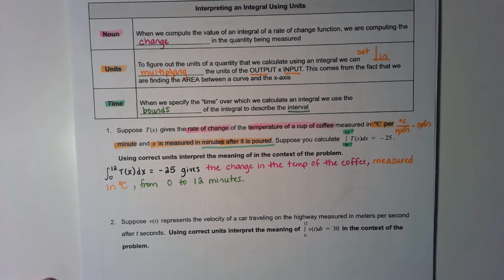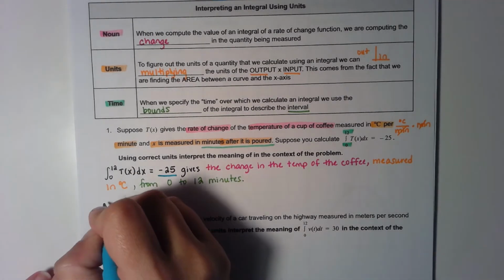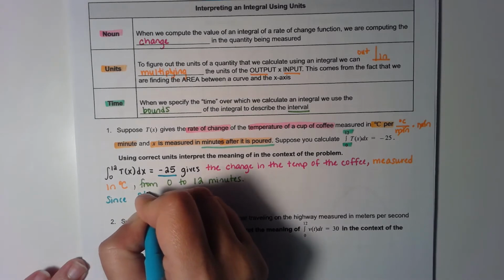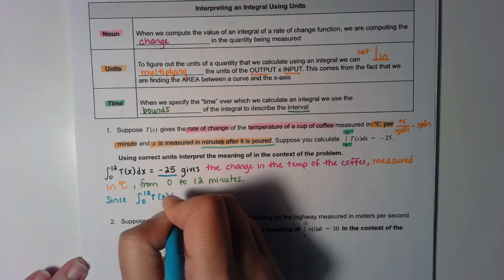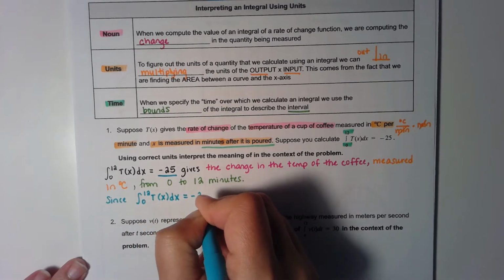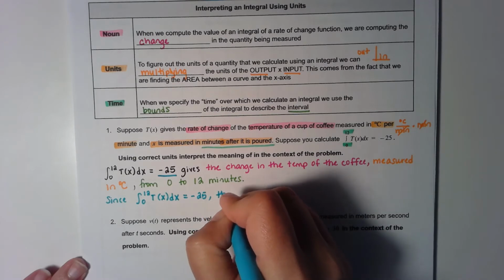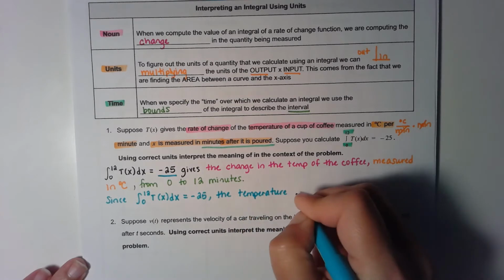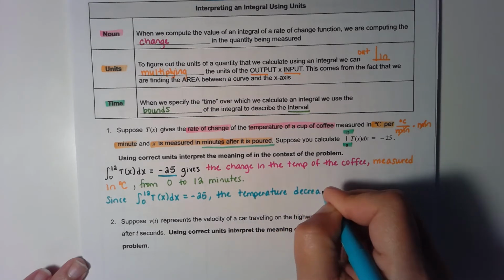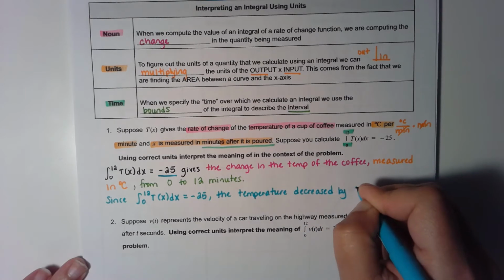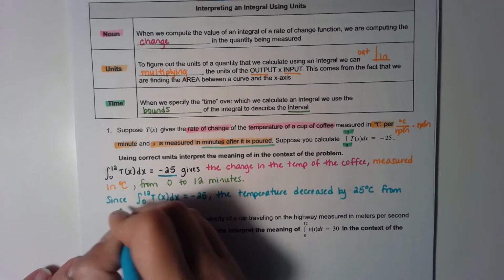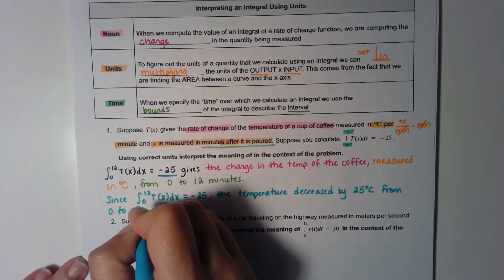Now, the second part of this interpretation is saying specifically, what does this negative 25 tell you? So you would say, since the integral from 0 to 12 of t of x dx is equal to negative 25, the temperature decreased by 25 degrees Celsius from 0 to 12 minutes.